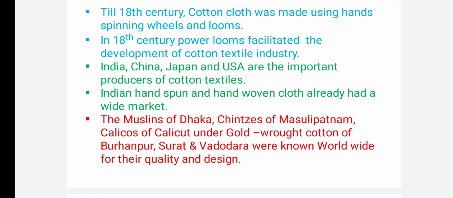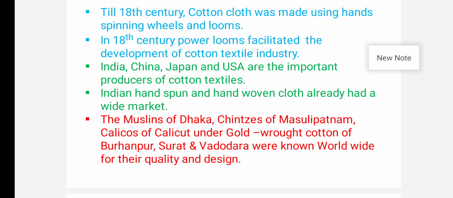This power loom was first developed in Britain, later in other parts of the world, children. Today India, China, Japan and USA have the most powerful, sophisticated, well developed power looms. These are the important producers of cotton textiles.